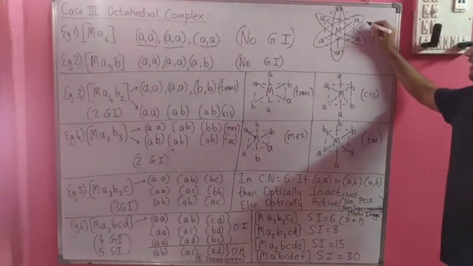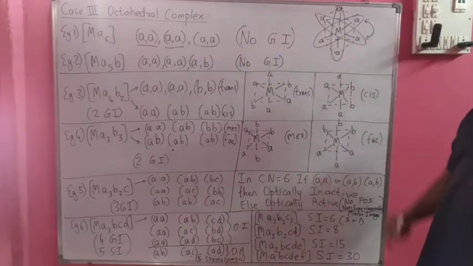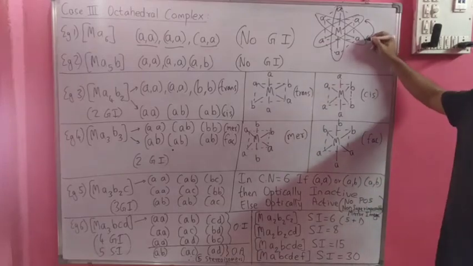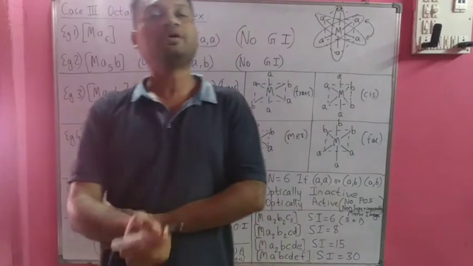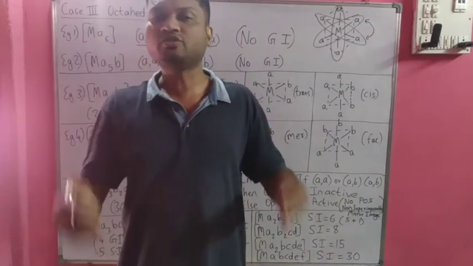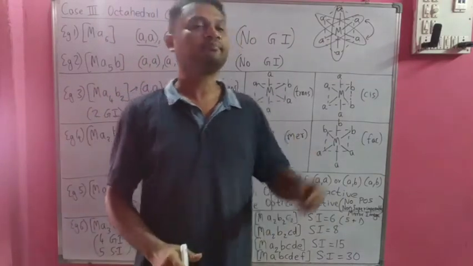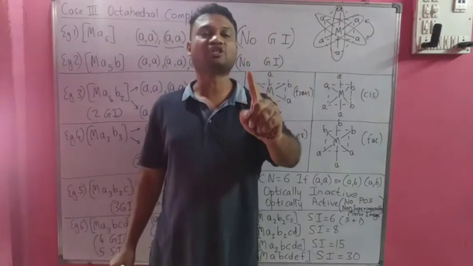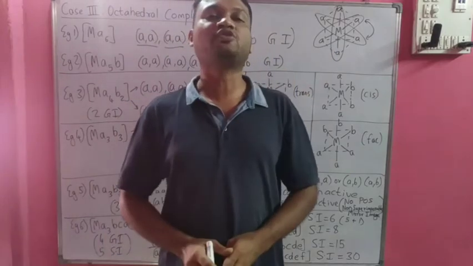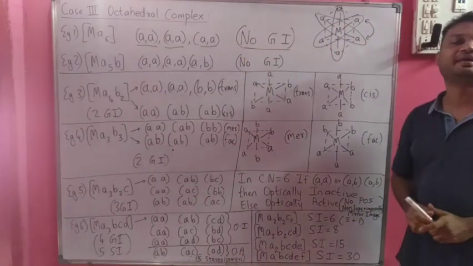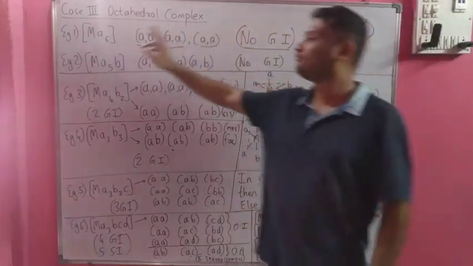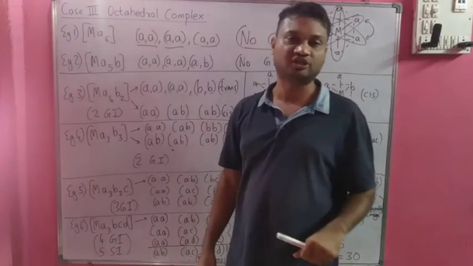Now, if we exchange any 2 monodentate ligands, A and A, we will still have the same structure. So, in this case, we have only one structure, so no geometrical isomerism is possible in case of Ma6 structure.